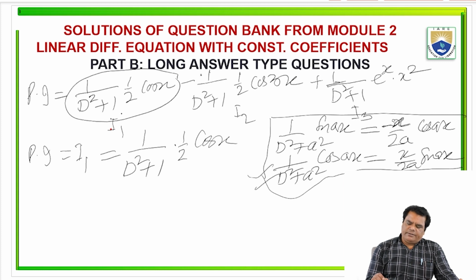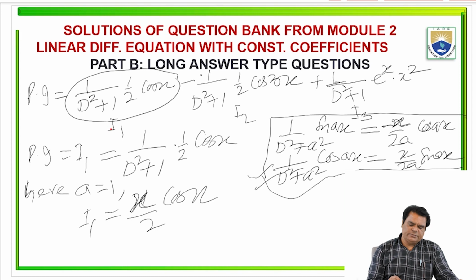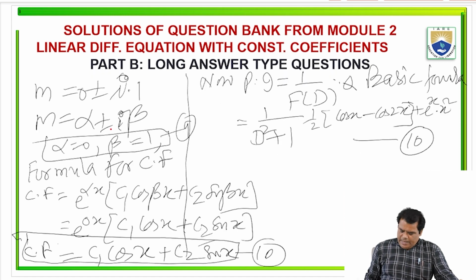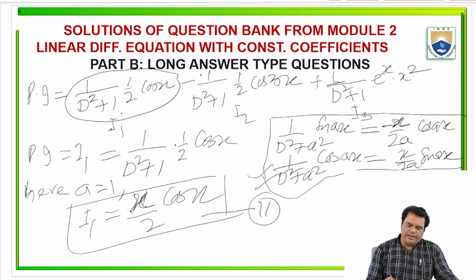In our question, a is 1. So I1 equals x upon 2a, a is 1, so x upon 2 and sin x. This is the answer of I1. This is equation number 11.